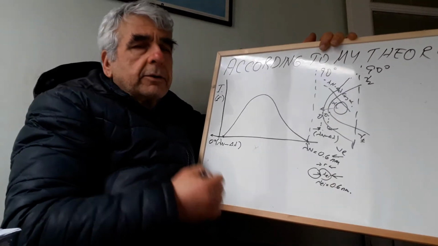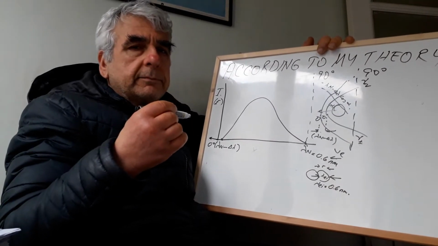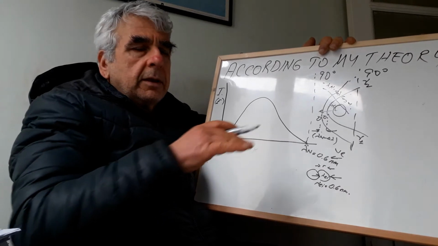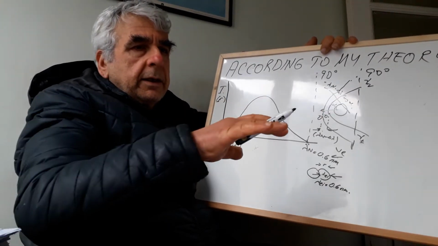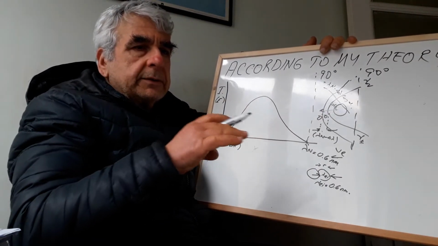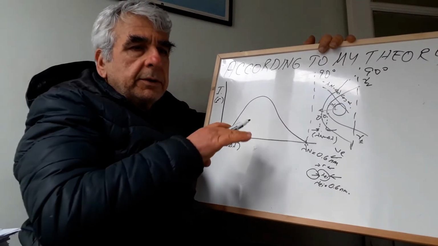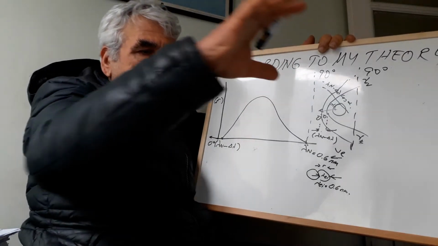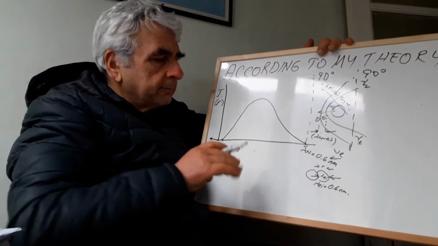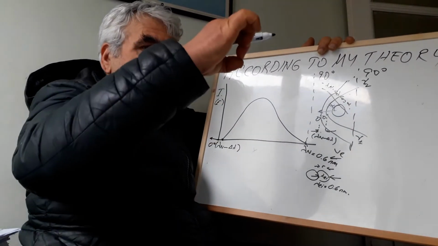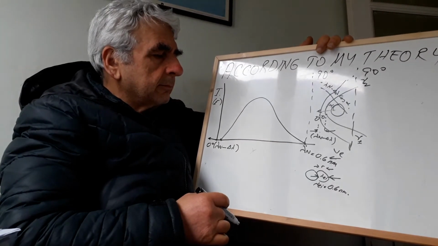According to my theory, there are different wavelength electron motion forms in the universe, freely wandering or tied, bounded.